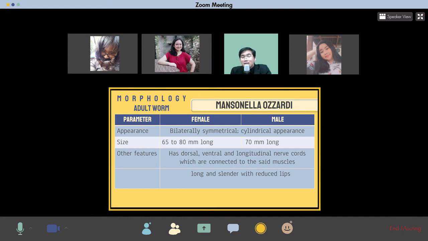Its other features include the presence of longitudinal muscles which run along the body of the adult worm. This is complemented by the presence of dorsal, ventral, and longitudinal nerve cords which are connected to the said muscles. These adult worms are long and slender and they produce thousands of offspring, or microfilariae, at a time.